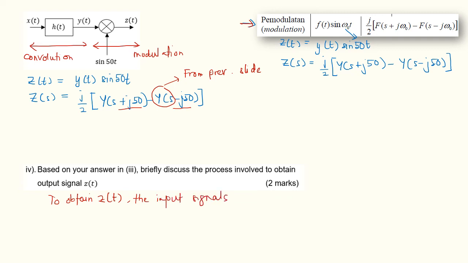In this case, we have input x(t), h(t), and also sine 50t, and the output experiences convolution and modulation processes. All right, so that's all for this question.